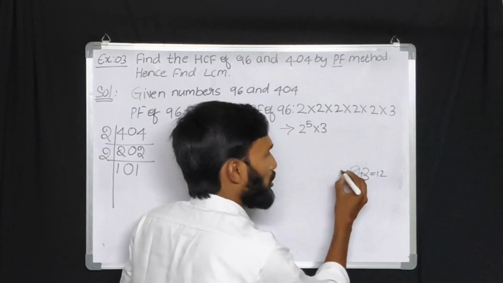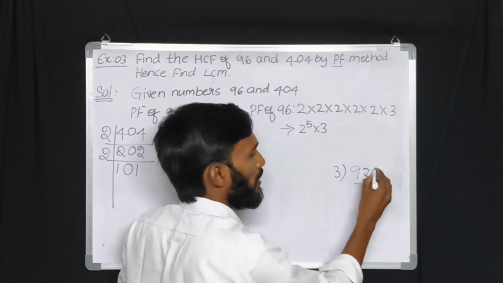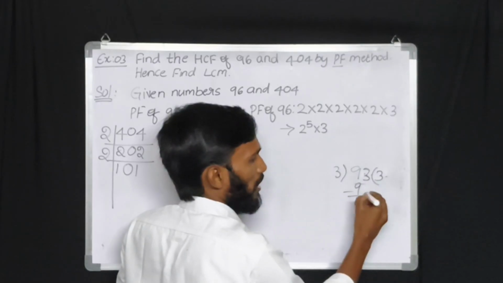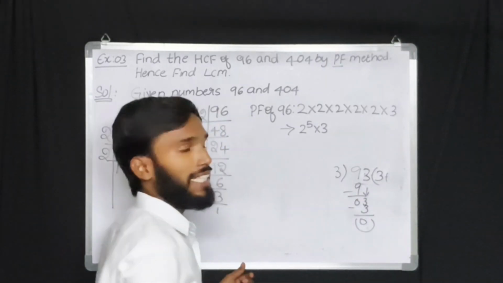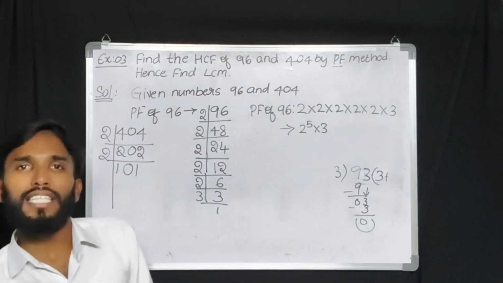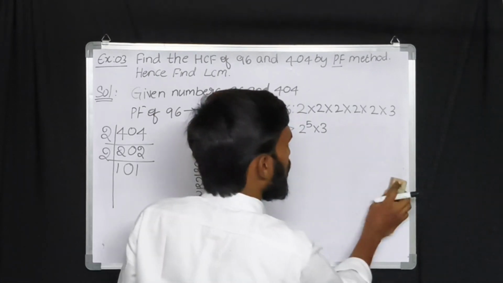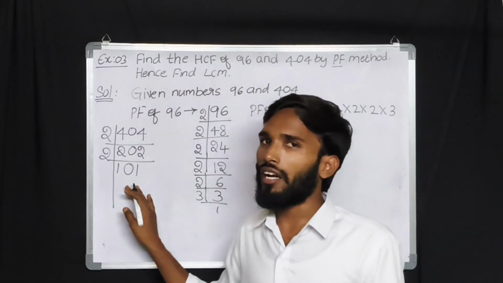In the 3 table, 9 is 3 times and 3 is 1 time, so 31 times 3 is 93. Like that, if the sum of the digits of a number is divisible by 3, then the entire number is divisible by 3. So here also the divisibility rule of 3 is not working out.